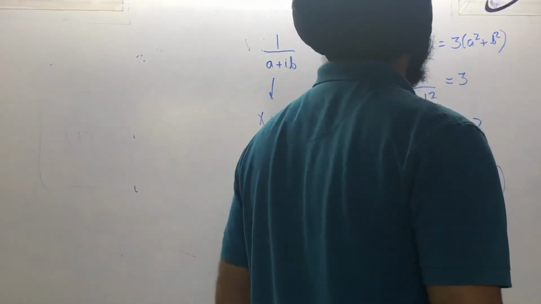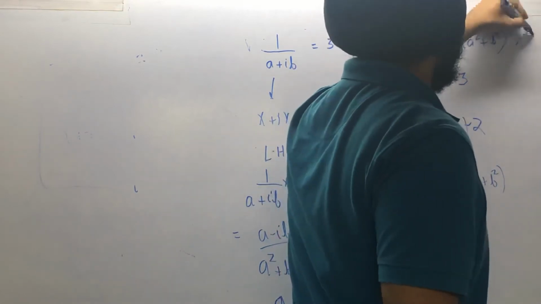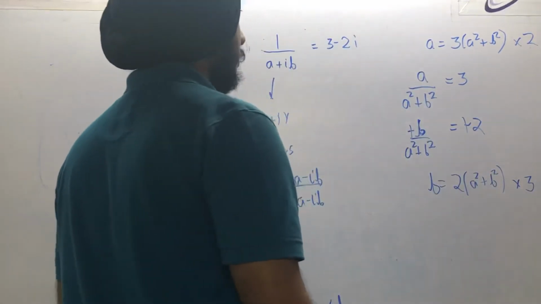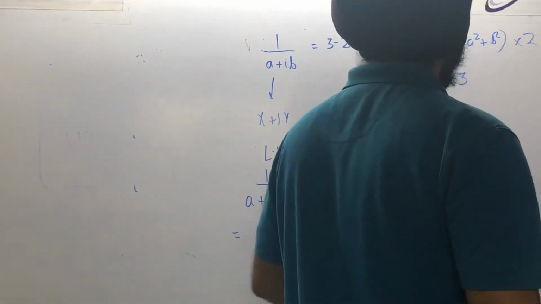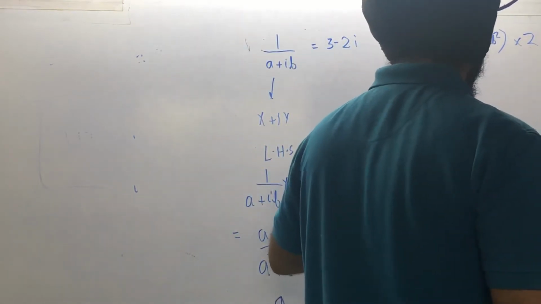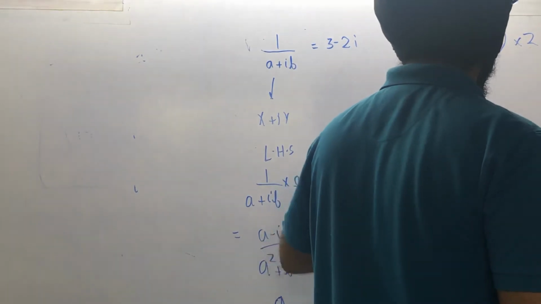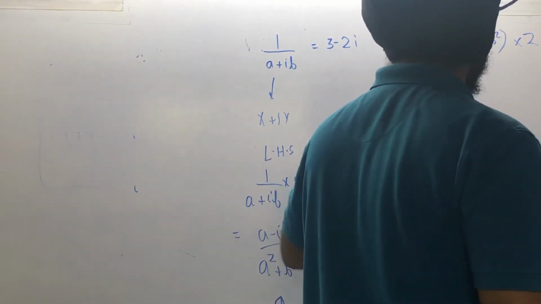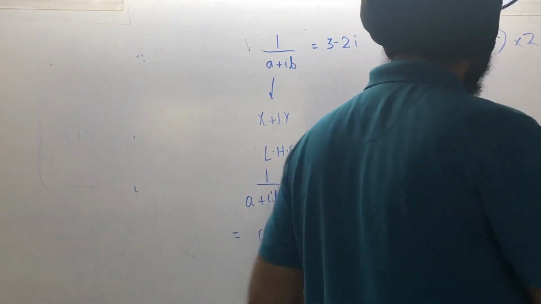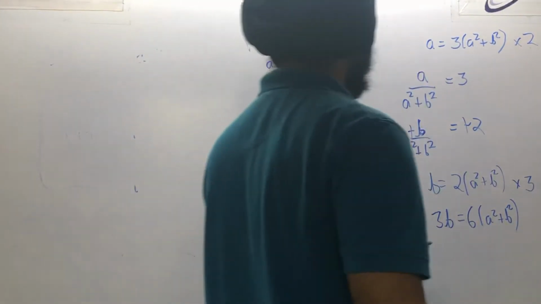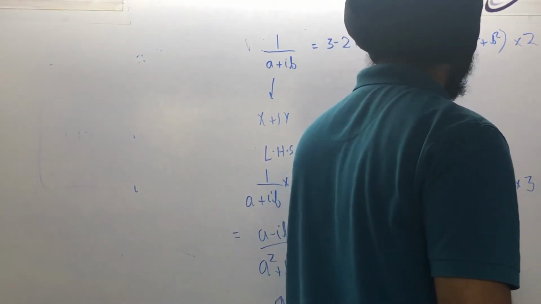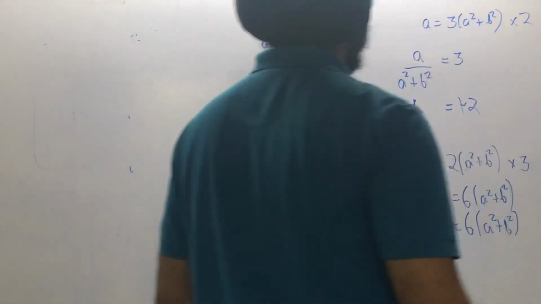First, what we can do is I will multiply this equation by 2 and I will multiply this equation by 3. Just do this. So what you get is 3b is equal to 6 times a square plus b square, and this equation you get as 2a is equal to 6 times a square plus b square.